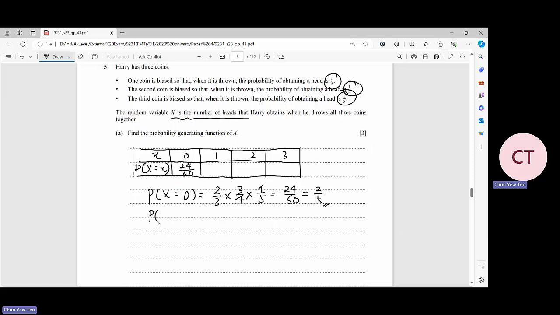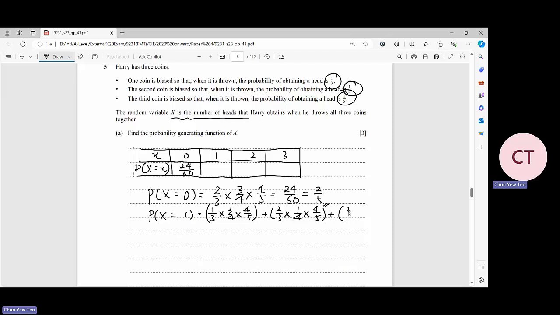Then P(x equal to 1). P(x equal to 1) means one of the coins is head, the rest are tail. So it can be 1 over 3, multiply 3 over 4, multiply 4 over 5, plus 2 over 3, the second coin is a head, the first and the third coins are tail.